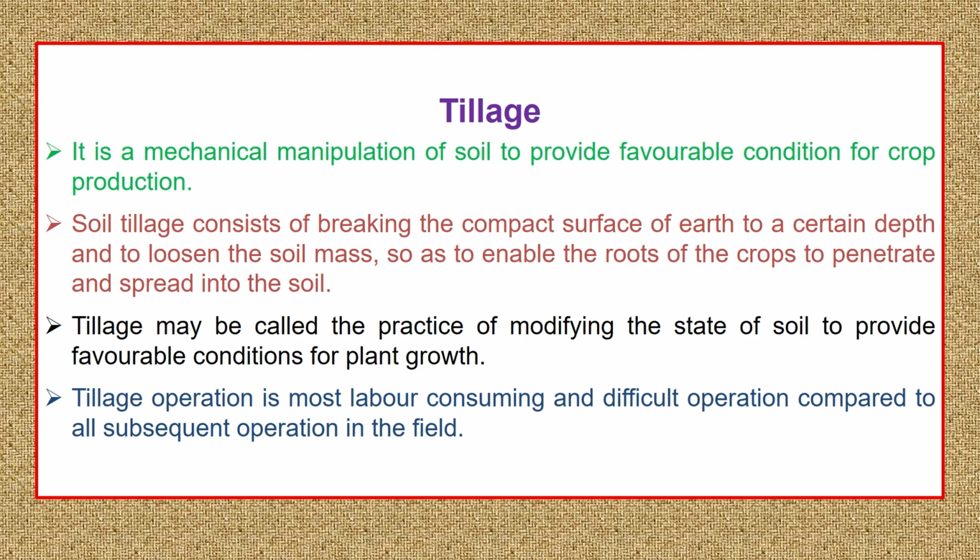As we saw in one of the previous classes, tillage is the first operation in seedbed preparation, and seedbed preparation is a very tough and tedious job. It consumes around 20 to 30% of the total energy we spend throughout the crop production process for any given crop.